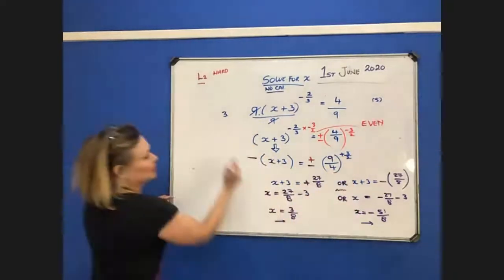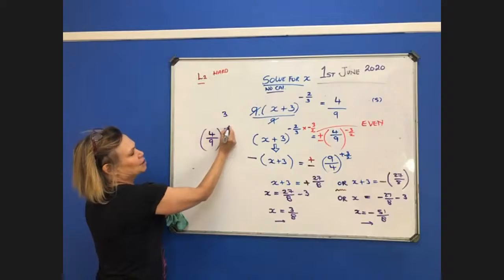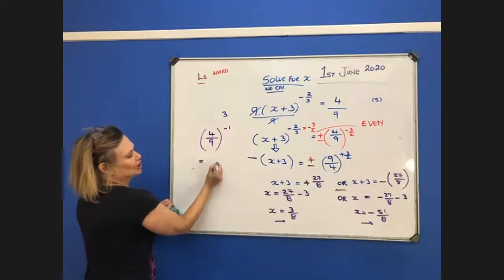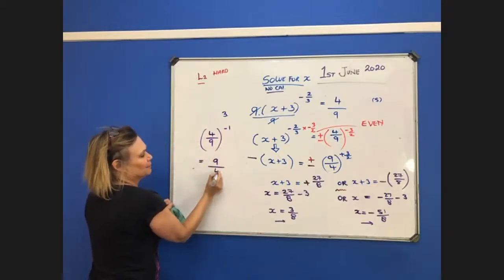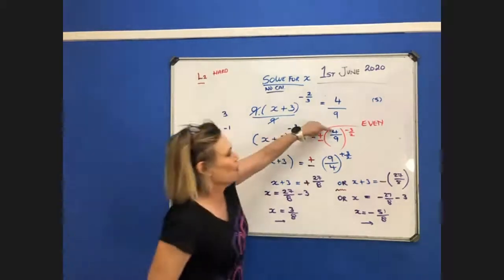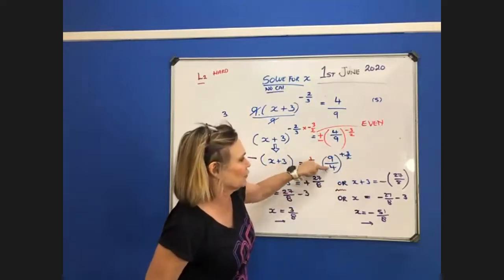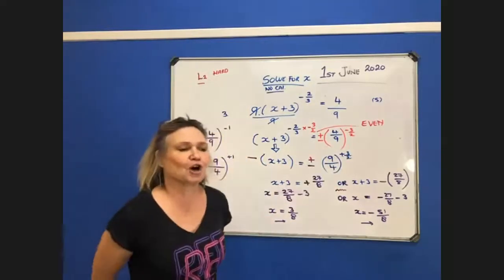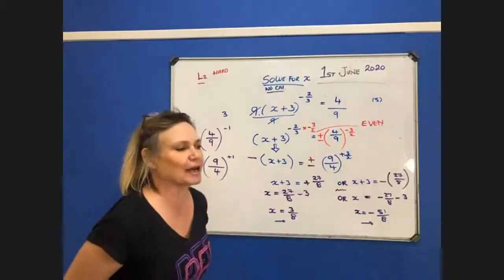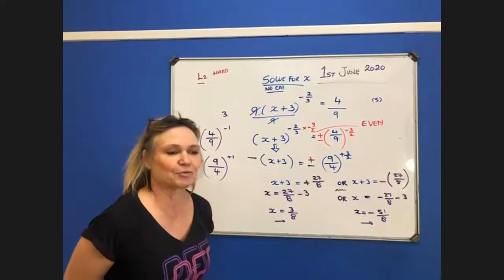Look, if you have 4 over 9 to, let's say, minus 1, the rule says you can flip your base upside down, then the power becomes positive. So 4 over 9 to a negative becomes 9 over 4 to the positive. Did you not know there's a rule that says you can do that? I didn't realize. Guess what you do now?